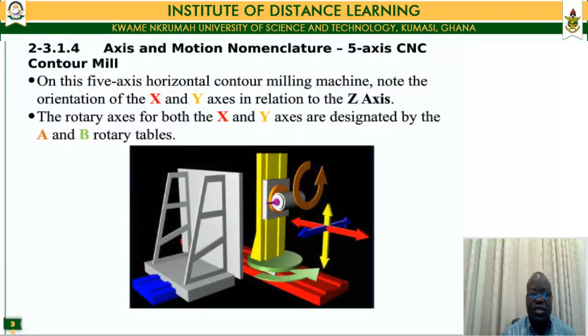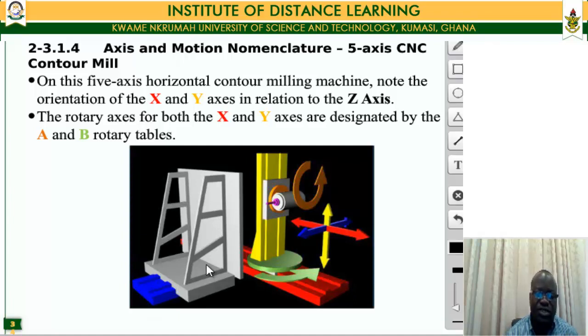Okay. Now when you take analysis of motion of a contour mill CNC 5-axis CNC machine, this is a typical 5-axis CNC machine. Now for a 5-axis CNC machine, you have the two posts here.